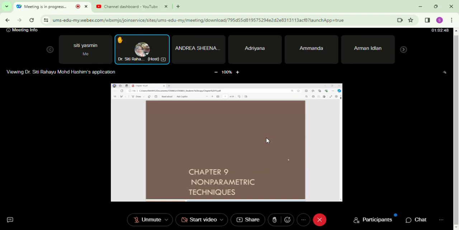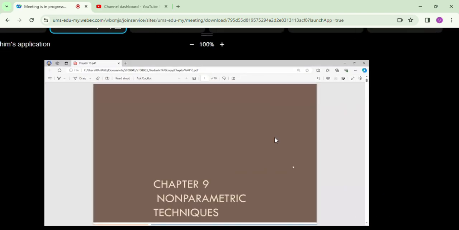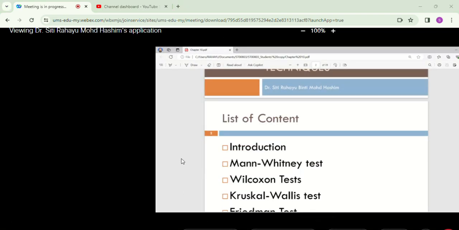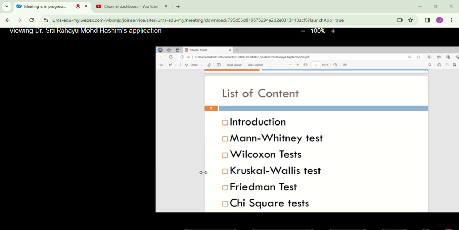Okay, so it means that if you already take into consideration all the other methods and you are unable to proceed with the other approaches, then the last option that you have is to perform non-parametric techniques or methods. Okay, so here I will give you a few examples of the non-parametric method.